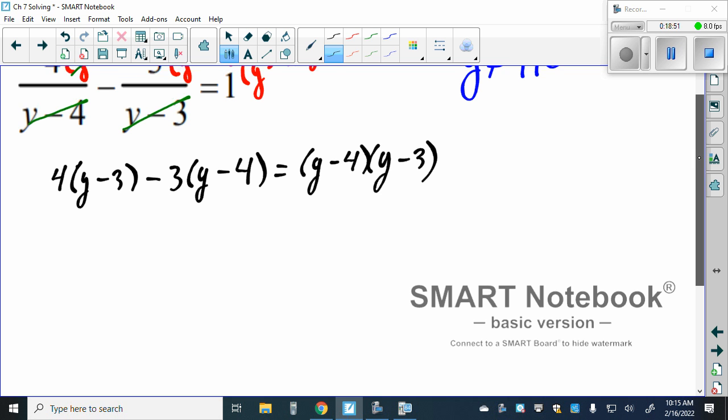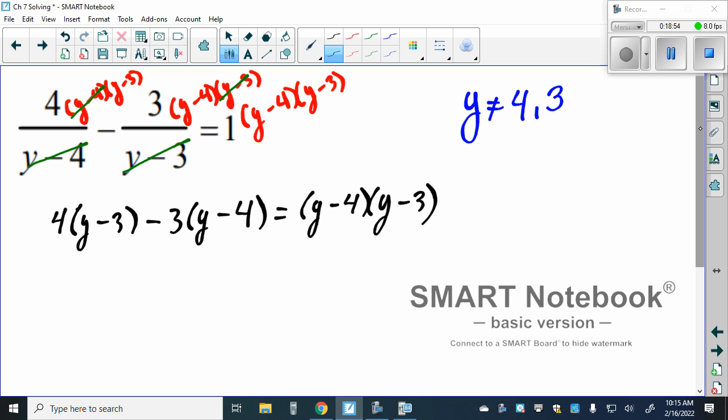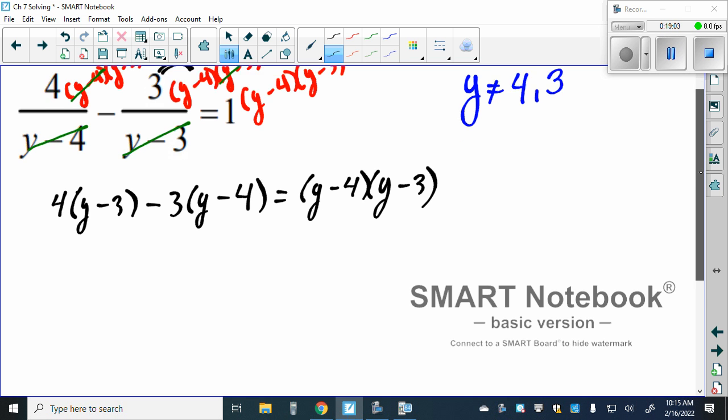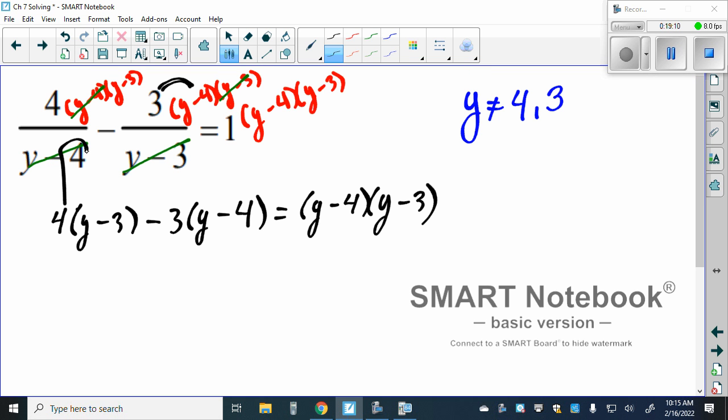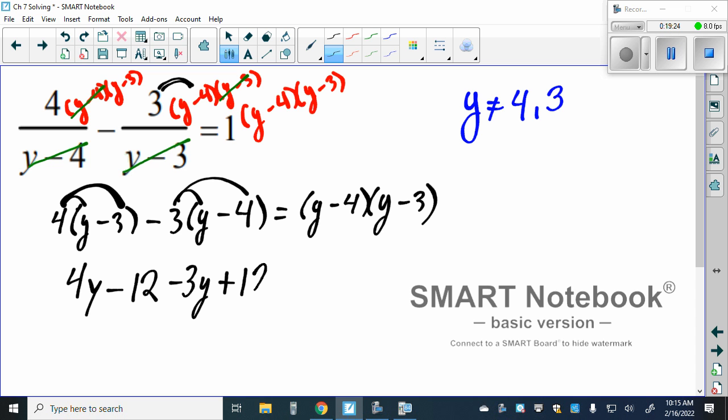And that's where sometimes we need to be careful, because looking just here, it's very tempting to just multiply both of those by the 3 and forget about the minus in the middle. So sometimes, especially when we deal with negatives, it might be good to rewrite it to keep track of those signs. Here, we multiply by the 4 and get 4y minus 12. Here we're multiplying not with just a 3, but with the negative 3, so minus 3y plus 12.